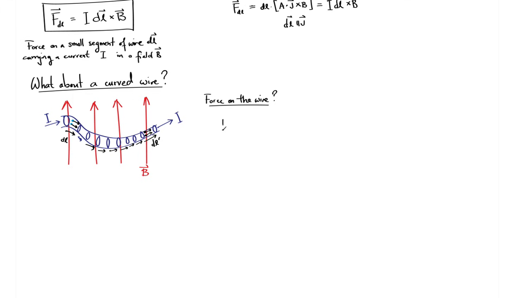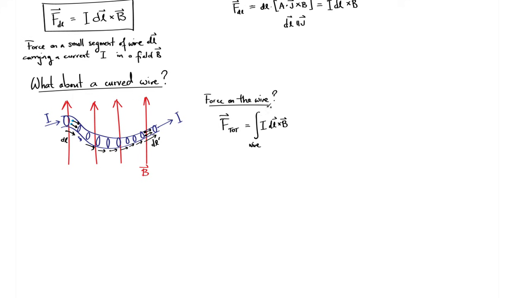And so F total on this whole wire here, there might be segments out here and here, but let's not worry about that, so we'll call this the total wire, is just going to be equal to the integral over the whole wire of I dl cross B. Okay?